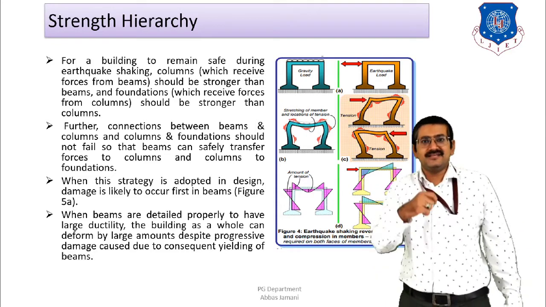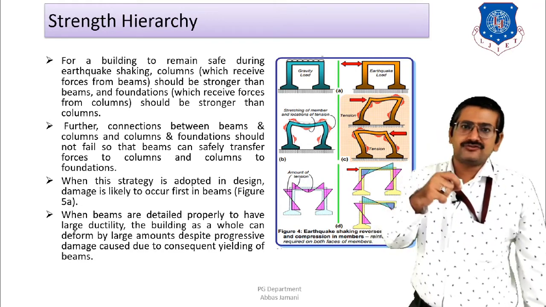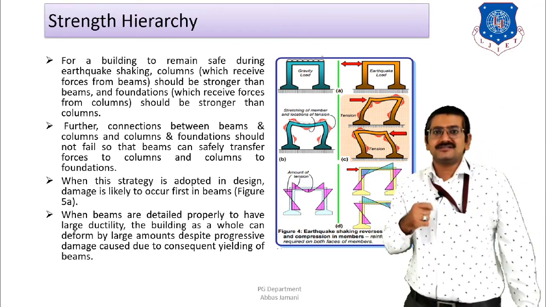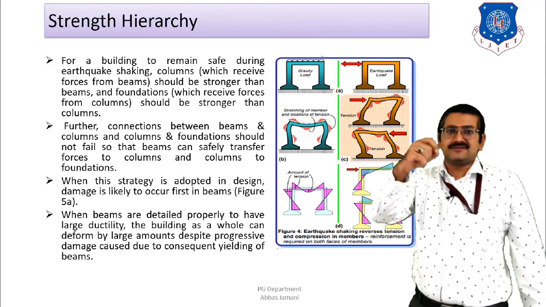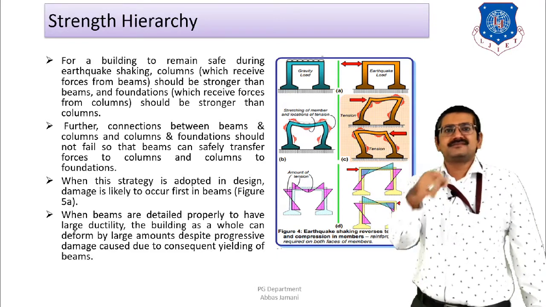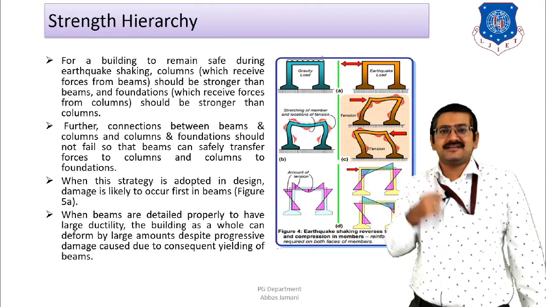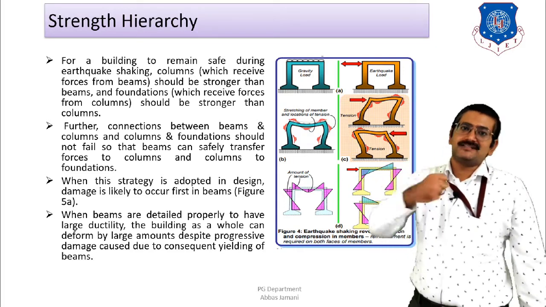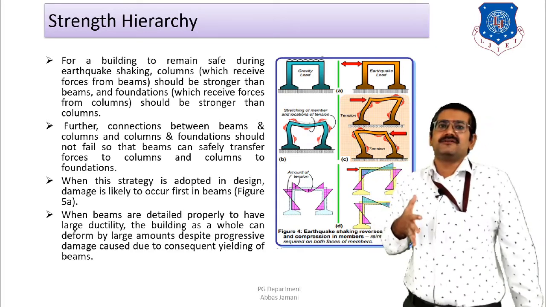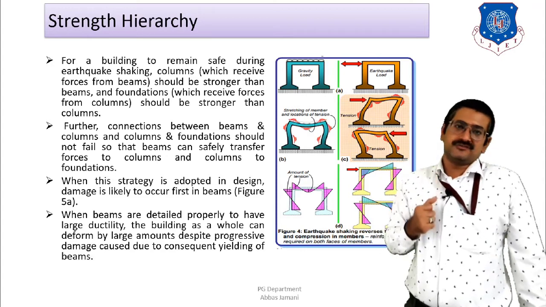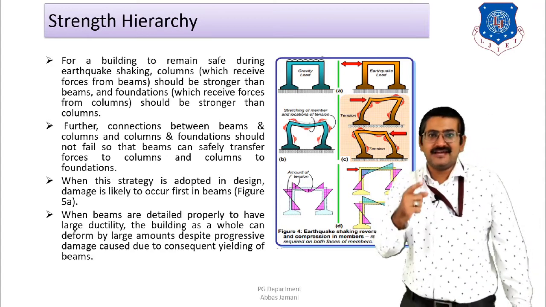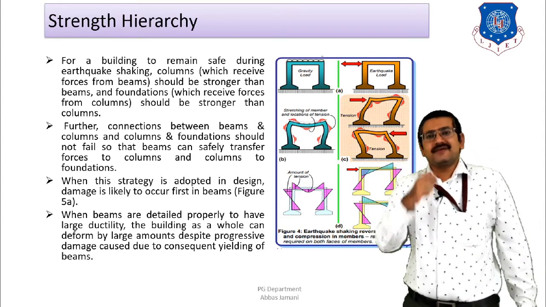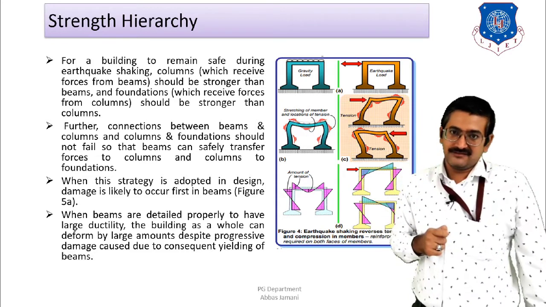So that means the column should be stronger than beams. Why? Because the beams are going to transfer the force to column. So if the column does not have that axial capacity to carry the load that is transferred by beams, then as a result of that, the good performance of the building cannot be achieved. So we can say that the strength of the column has to be more as compared to that of the beams.